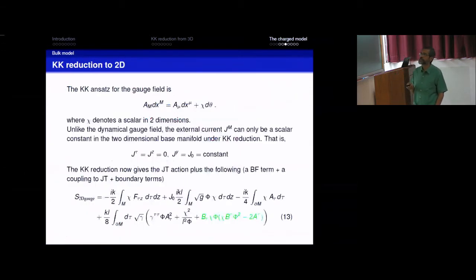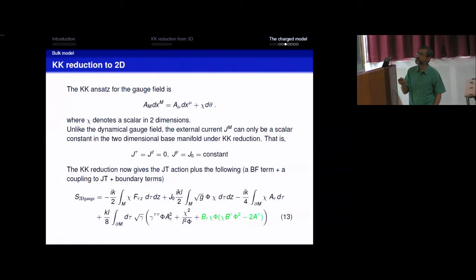And now we do the Kaluza-Klein ansatz for the gauge field. Okay, so there's a bit of detail. So the Kaluza-Klein ansatz for the gauge field now will have a spin 0 component here. And similarly, the external current, okay, that can only be consistent with the Kaluza-Klein symmetry. It can only be of the following form. So first of all, J_T and J_Z, they both have to be 0.